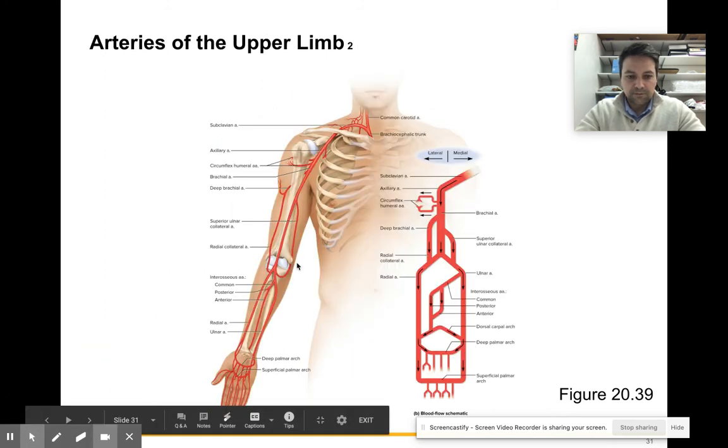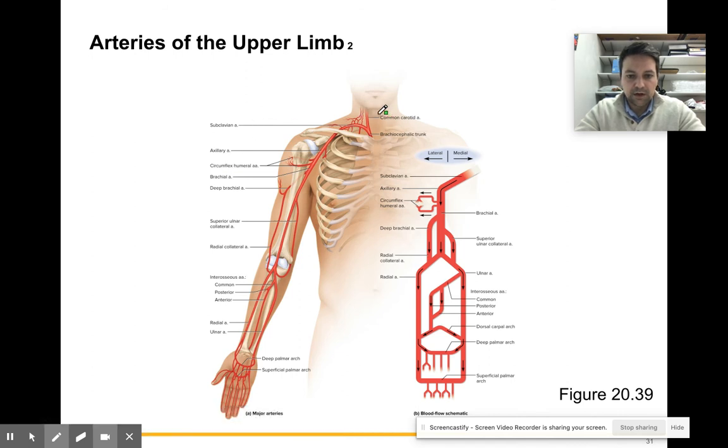Let's take a look at the arteries of the upper limb. Again, we're not going to need to know all of them. But we do want to know the carotids. We do want to know the brachiocephalic trunk; we looked at that already. We want to take a look at the subclavian. Underneath your armpit, we have our axillary artery.